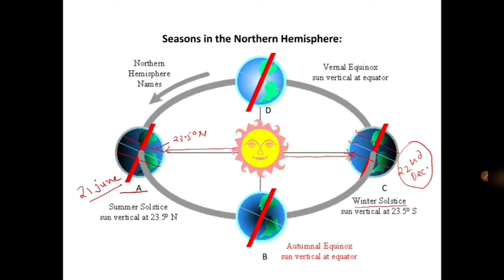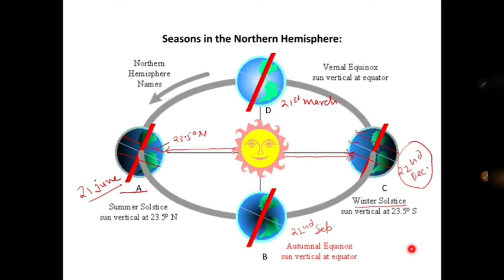Now, in between these positions, the sun shines vertically over the equator. On March 21st, this is 21st March, and this is September 22nd.